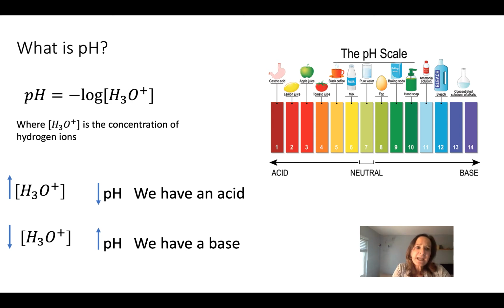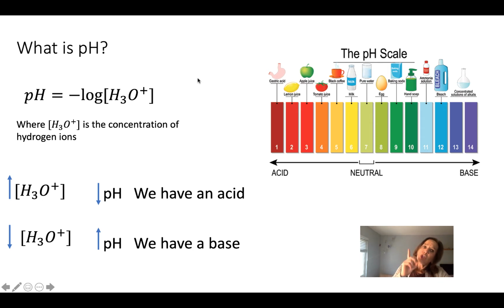The pH of a solution is defined as the negative log of the hydrogen ions in solution. So pH is equal to negative log of the concentration of the hydrogen ions.